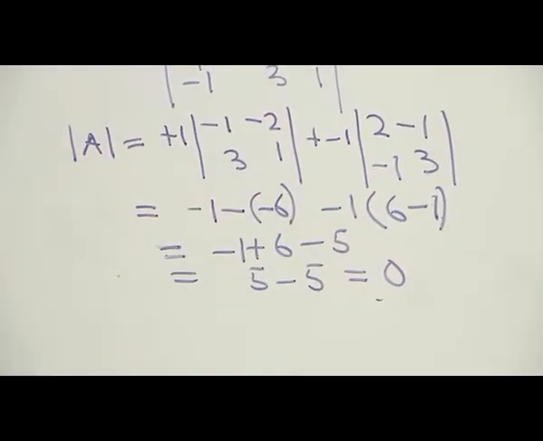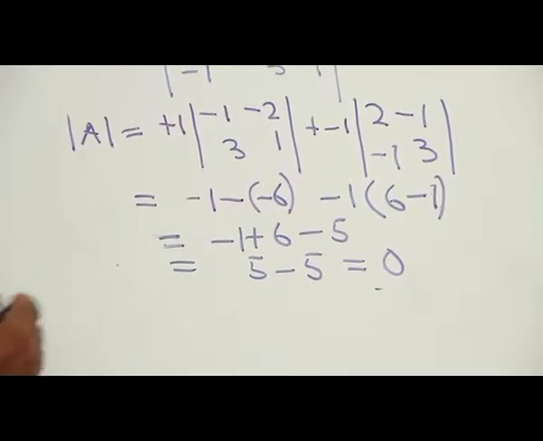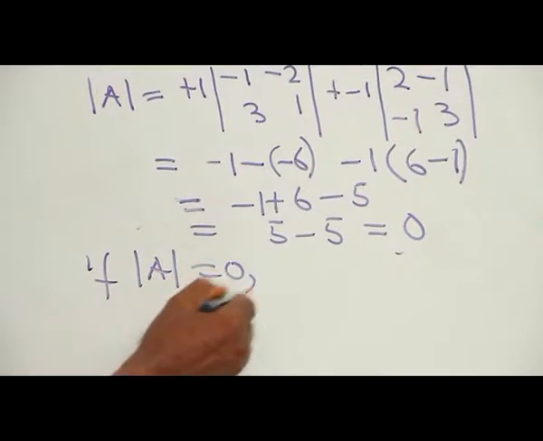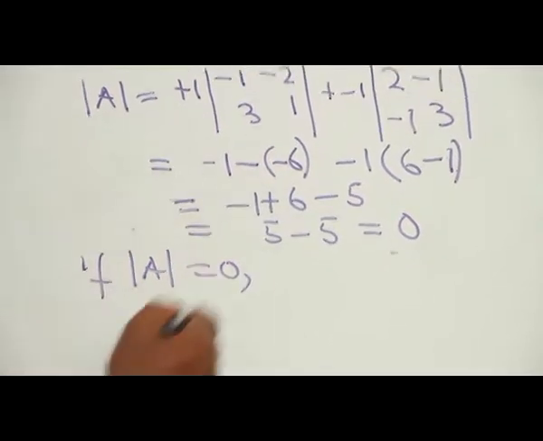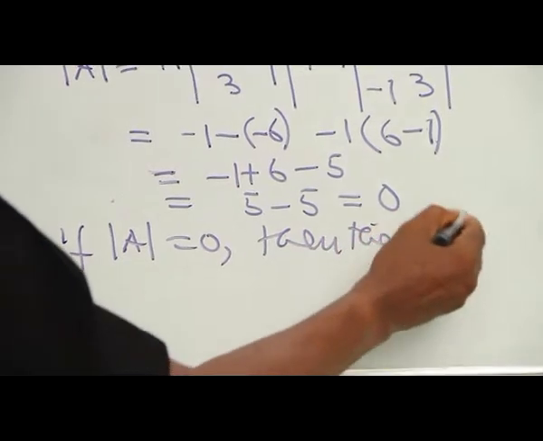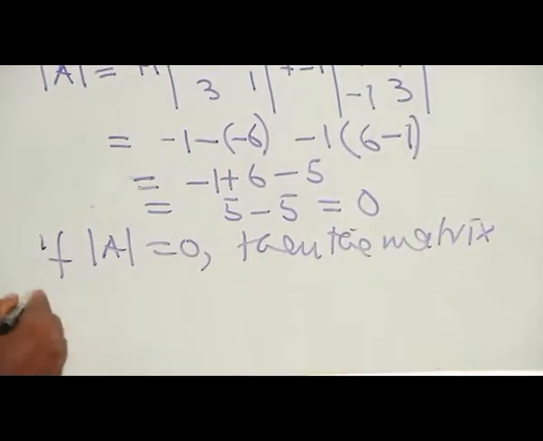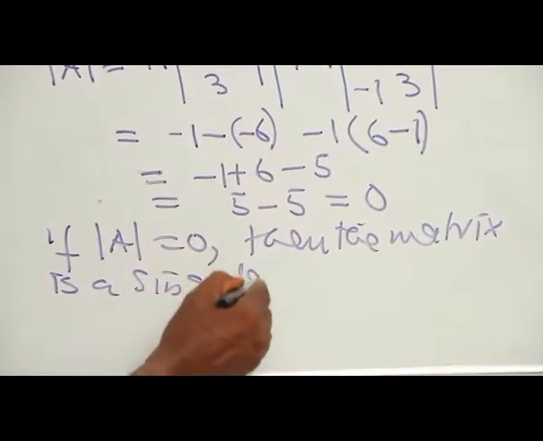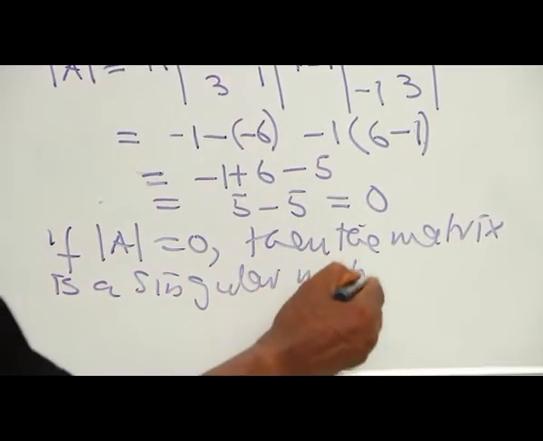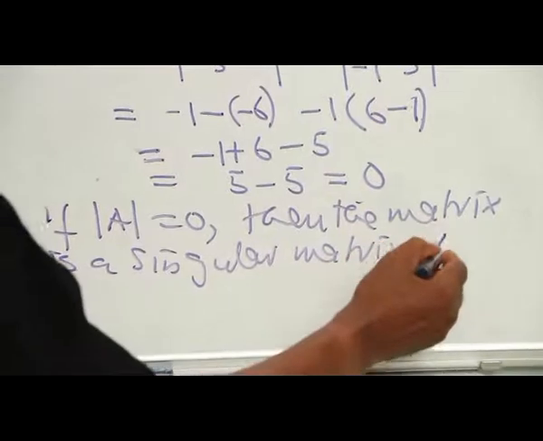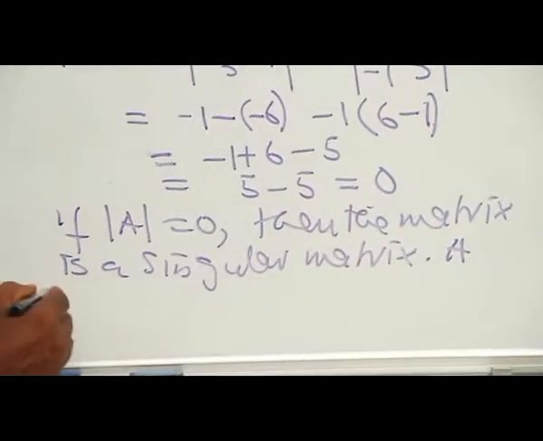So we conclude in this case that if the determinant of A is equal to 0, of course, then the matrix is a singular matrix. A singular matrix has no inverse transformation.